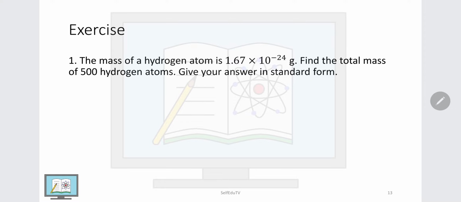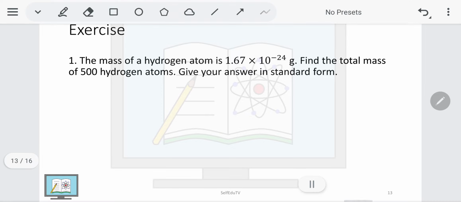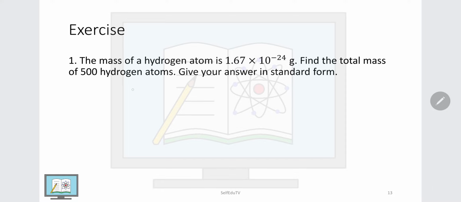So let us look at some problems involving numbers in standard form. So take a look at the first question. The mass of a hydrogen atom is 1.67 multiplied by 10 to the power negative 24 gram. Find the total mass of 500 hydrogen atoms. Give your answer in standard form. So you just multiply. So 500 multiplied by the mass of an atom.